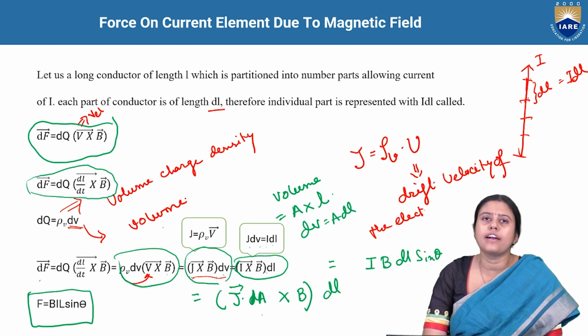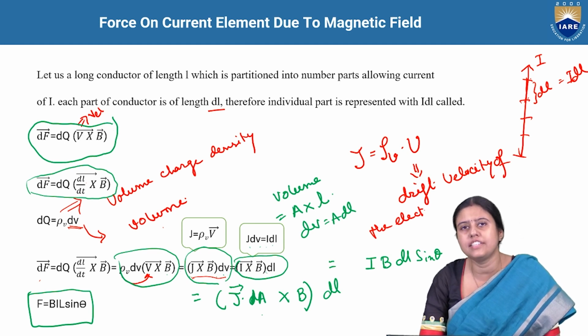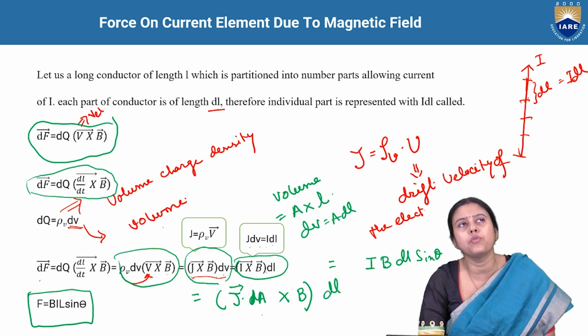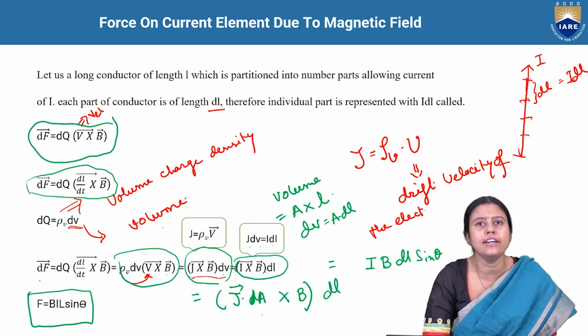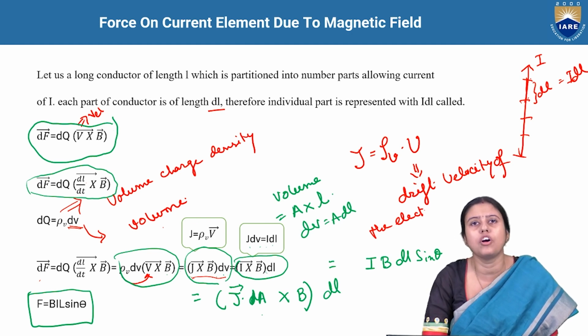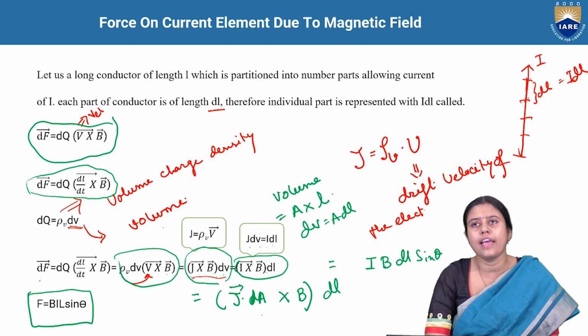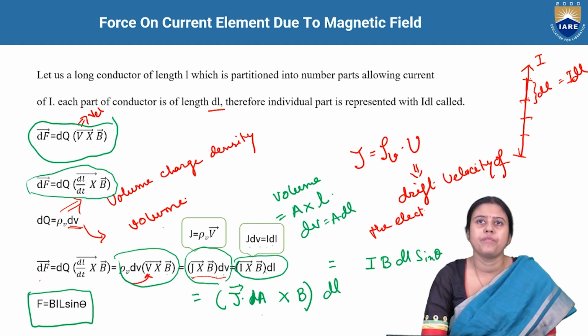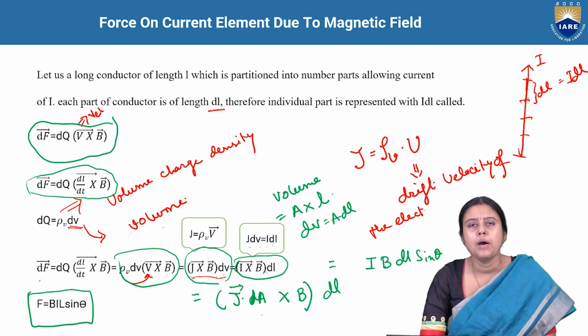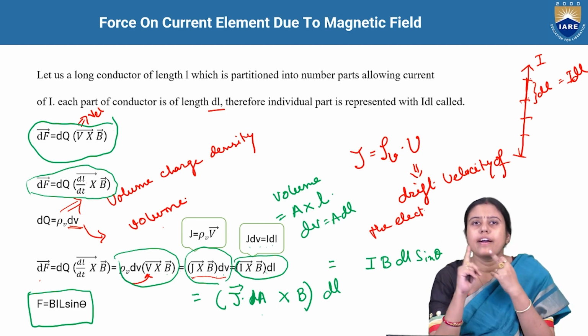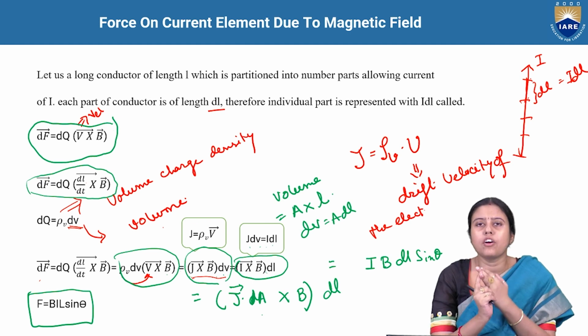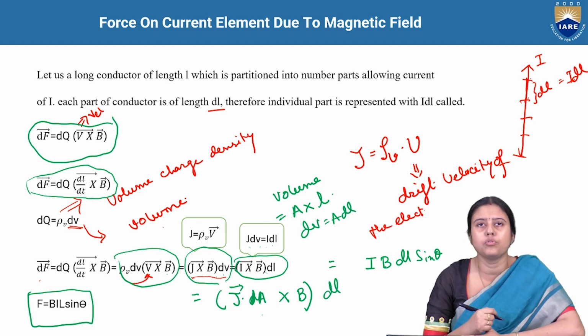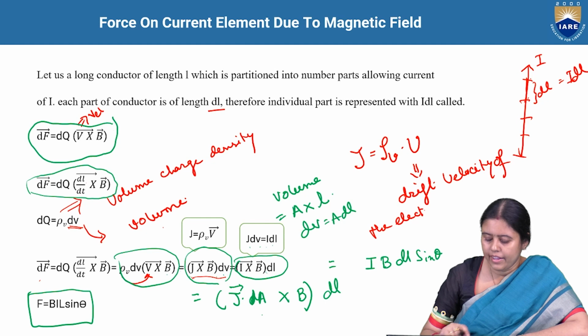So for a charge it is Q V cross B, but when we are discussing the current, it became force is equal to BIL sine theta. So force on a current carrying conductor depends on the flux density, current, the length of the conductor, and the angle between I and L.